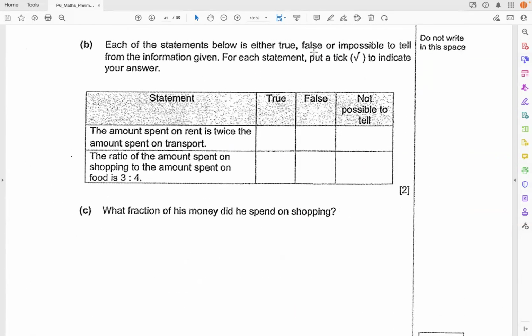Okay. Now, let's look at this statement. The question: true, false, or not possible to tell. Let's look at the first one. The amount spent on rent is twice the amount spent on transport.